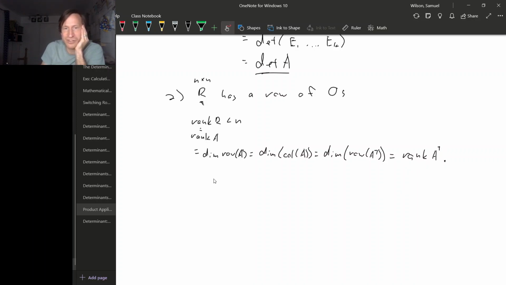So what this shows, looking at this big chain of equalities, is that the rank of A transpose is less than n, and A transpose is n by n.